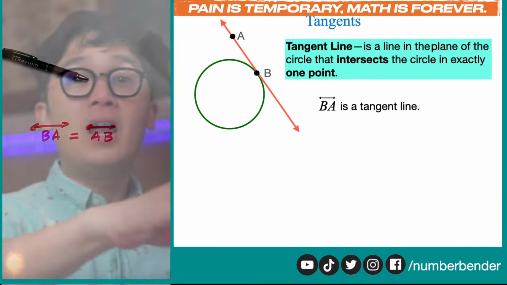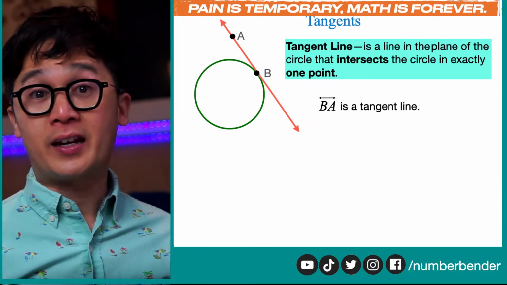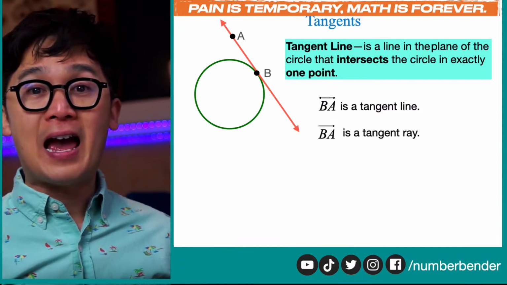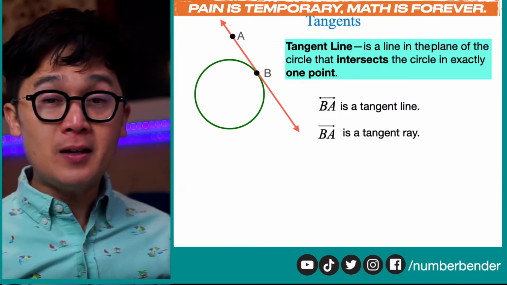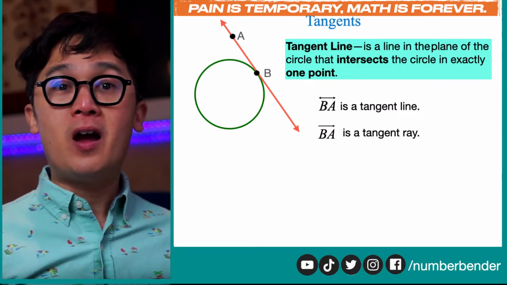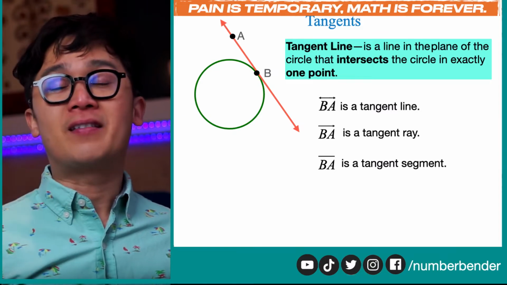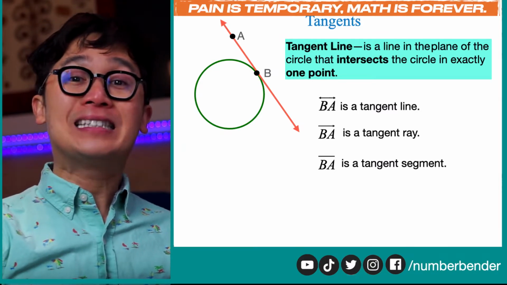So this is our tangent line BA or tangent line AB, which we can also call ray AB, denoted by this particular symbol, or we can also write line segment AB like this one as a tangent line for this particular circle.